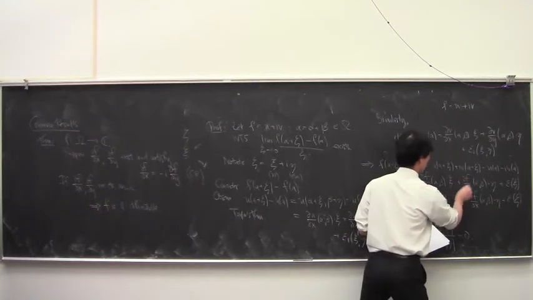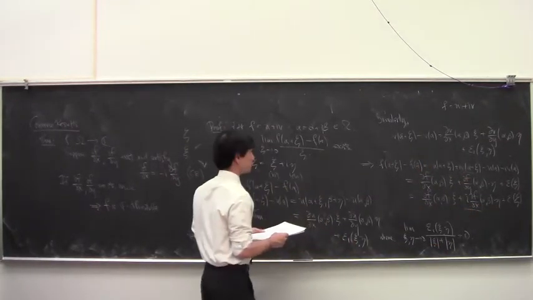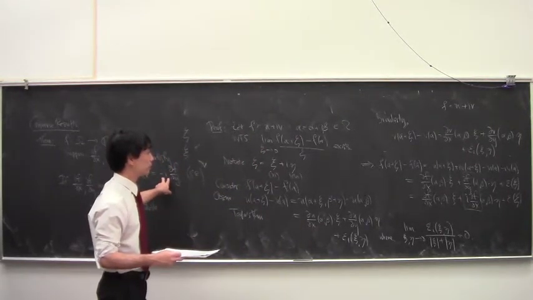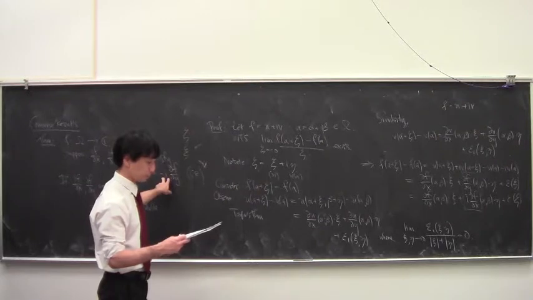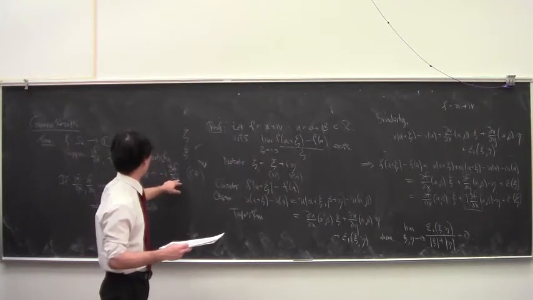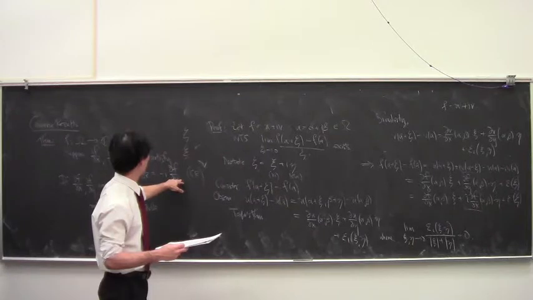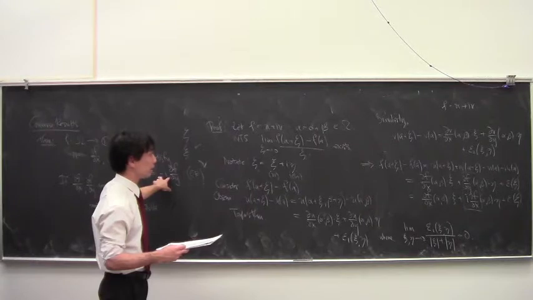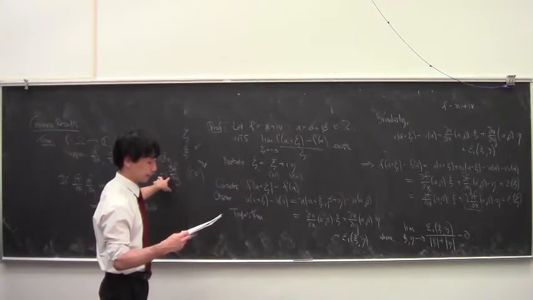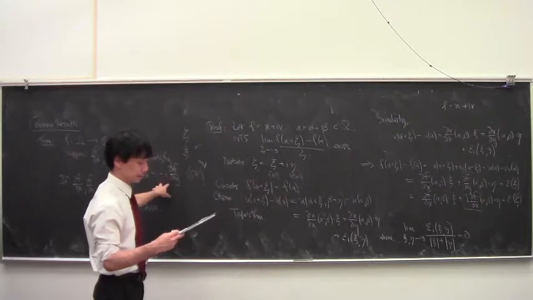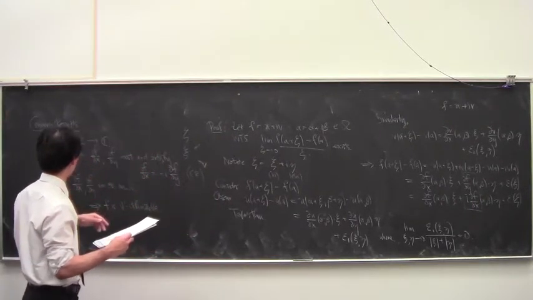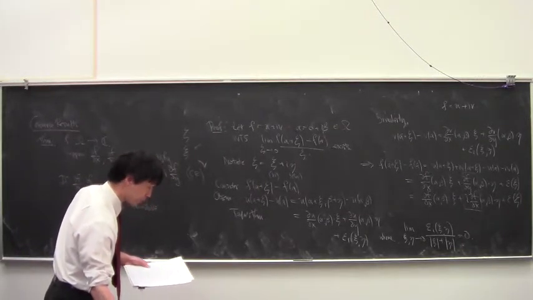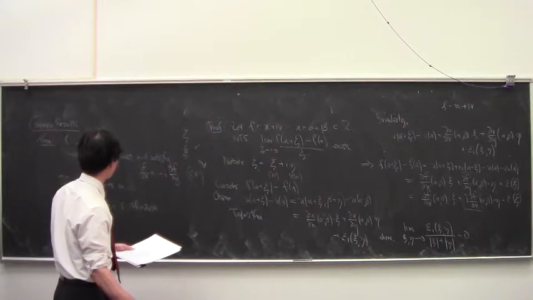Right, because df dy by df dx is going to be... You multiply both sides by I, is that okay?